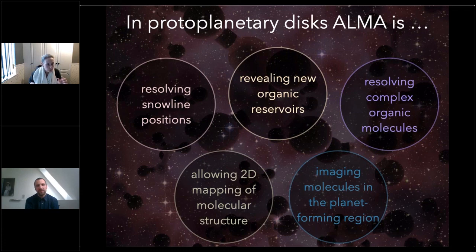In terms of what we can do with JWST, it's going to be hard to see complex molecules in the infrared, because at some point, it depends on the quality of the data, and the spectroscopists in the audience would be better placed to answer this question than me. But at some point it's hard to detect. So you start to detect functional groups rather than individual molecules in the infrared.